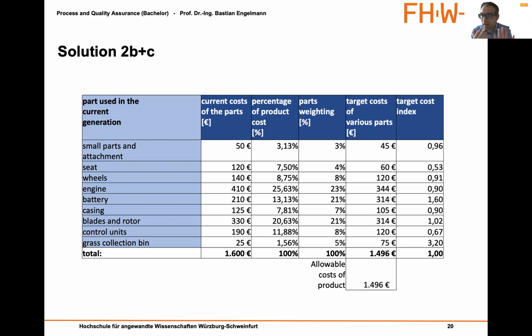For example, a battery loading indication with display or so on, to excite the customer. And then, of course, the battery becomes more expensive, but we can go up to 314 euro, and we can do something that was mentioned in the Kano model as an excitement criterion.